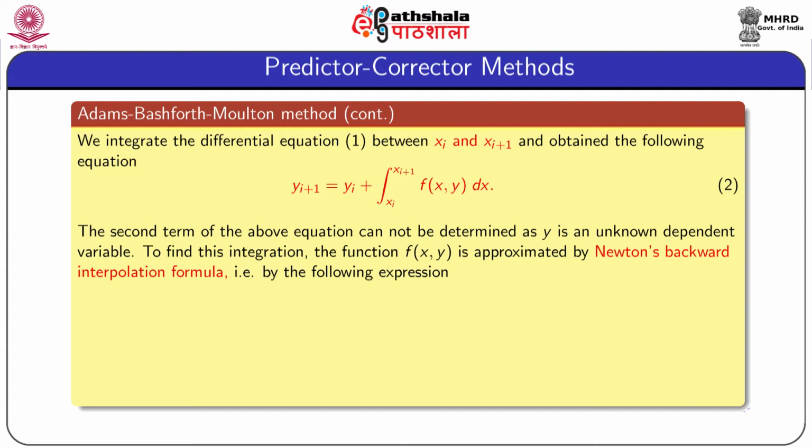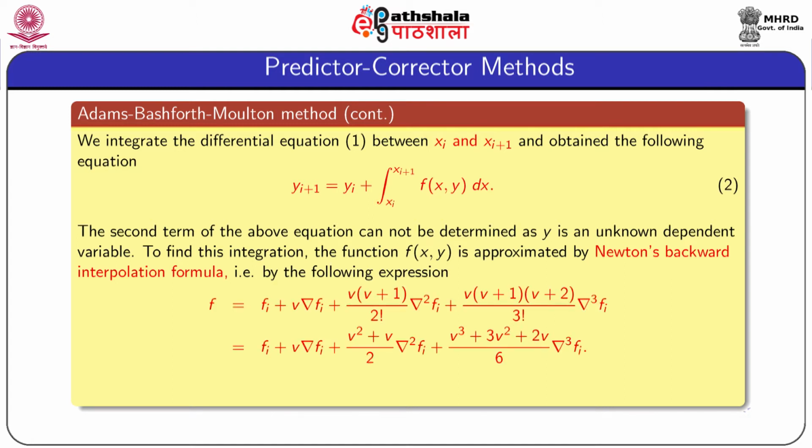So, the function f of x, y is approximated by Newton's backward interpolation formula, that is by the following expression: f equal to fi plus v into nabla fi, where nabla is the backward difference operator, plus (v squared plus v) by 2 into the second difference nabla 2 fi plus (v cubed plus 3v squared plus 2v) divided by 6 into the third backward difference nabla 3 fi, where v equal to (x minus xi) by h and fi equal to f at xi, yi.